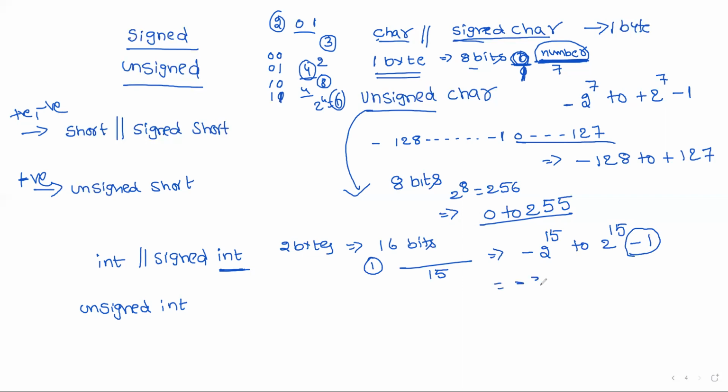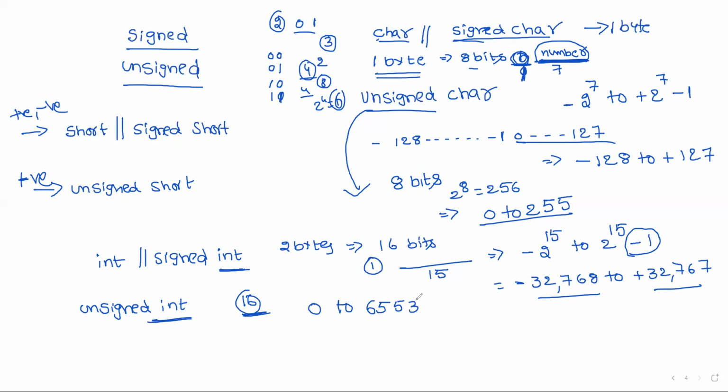That is, the range is minus 32,768 to plus 32,767. For unsigned integer, the total 16 bits are used for storing a number. That means it starts from 0, and if you add the two ranges, you get 0 to 65,535.